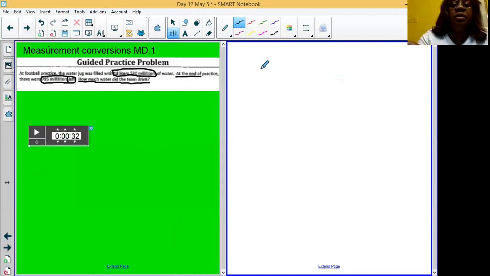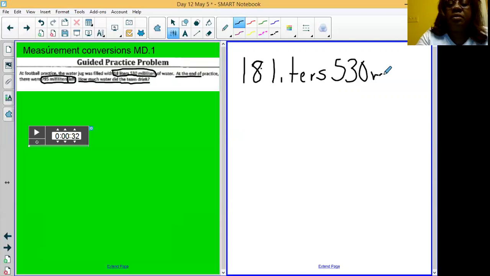All right, from the start, I knew I had 18 liters, 530 milliliters. Small letter m, capital L stands for milliliters. So that's what I started out with. 18 liters, 530 milliliters.